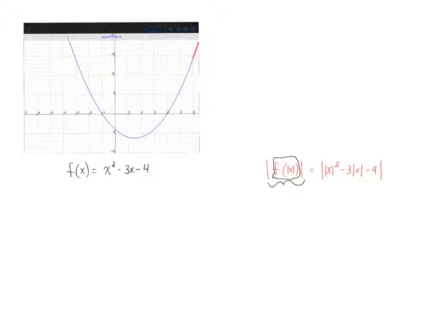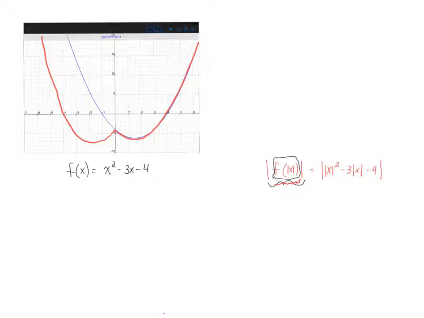We just repeat this stuff over here, which is unchanged. Remembering that this stuff as we know it is just going to get obliterated, and we're going to mirror what's on the right over here on the left. So that's the black function, what I have shown here in black, f of the absolute value of x.